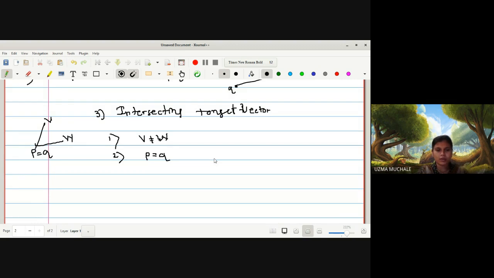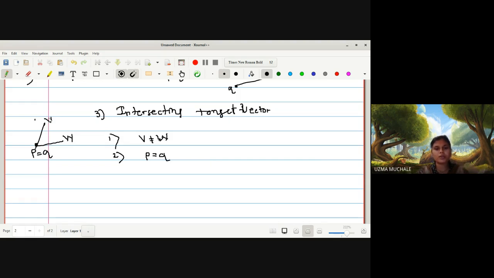Suppose you and your brother or sister are leaving from home. This is the point where you have your own house. Then from there you are going in different directions. Suppose your brother will go to some different college, and you will go to some different school.